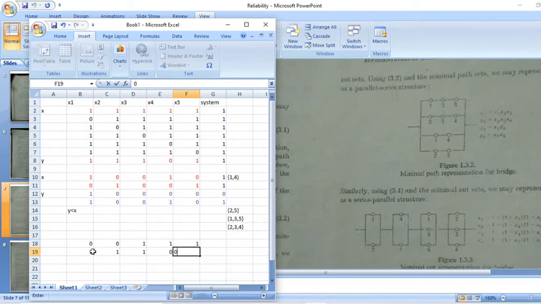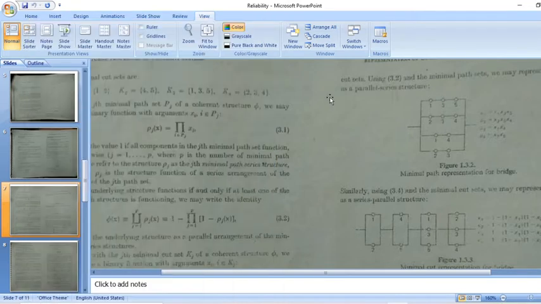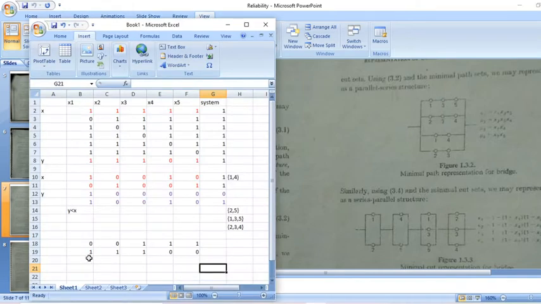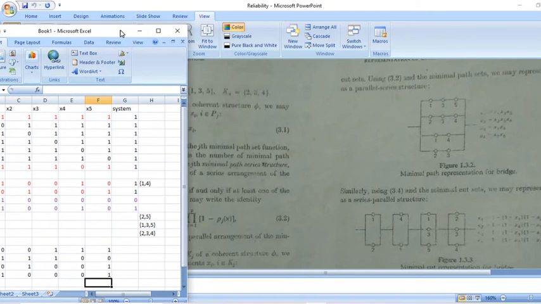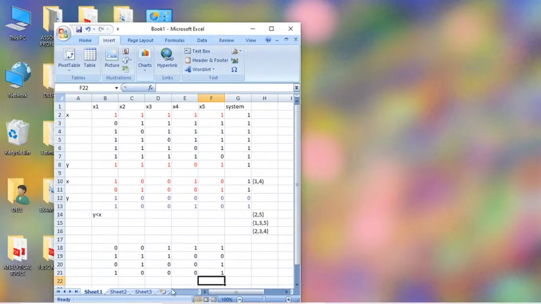Another one is {1, 3, 5}. Another is {2, 3, 4}. So in this case, you can see that when we move at least one of the failed components into the functioning state, what happens?